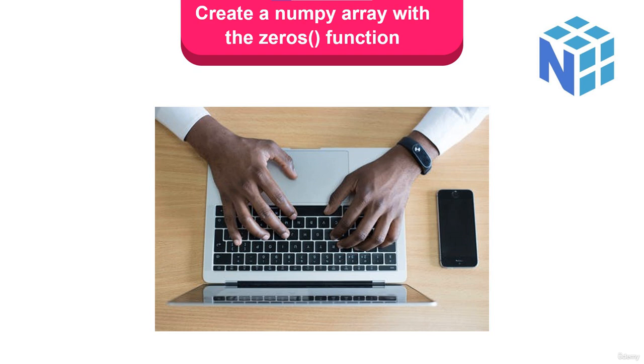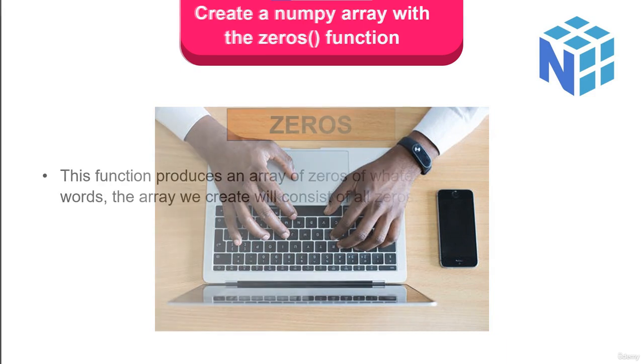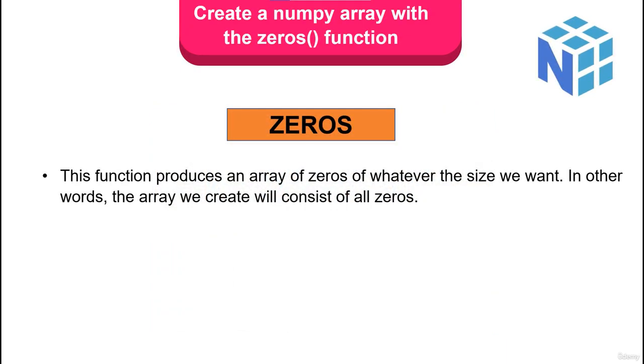So yeah, it might not be very clear at first, but you'll see how straightforward it all really is. So we'll get started here. And yeah, so the first function that we will examine is the zeros function. So this function produces an array of zeros of whatever size we want. So in other words, the array we create will consist of all zeros.